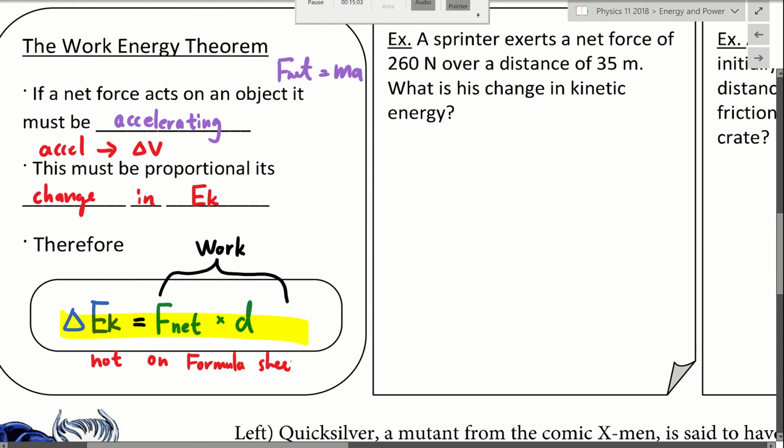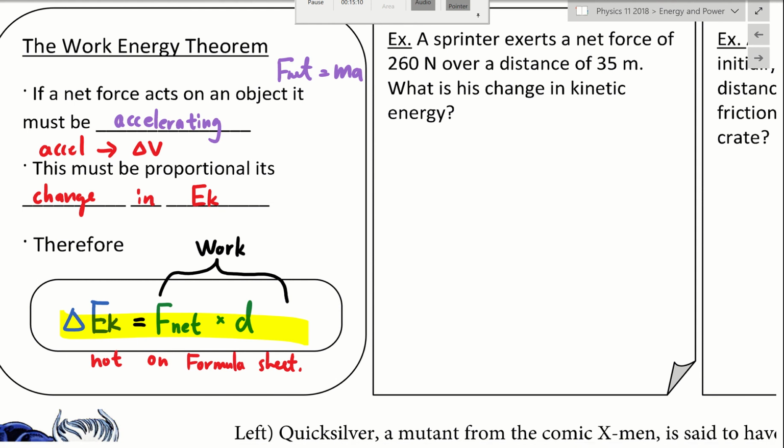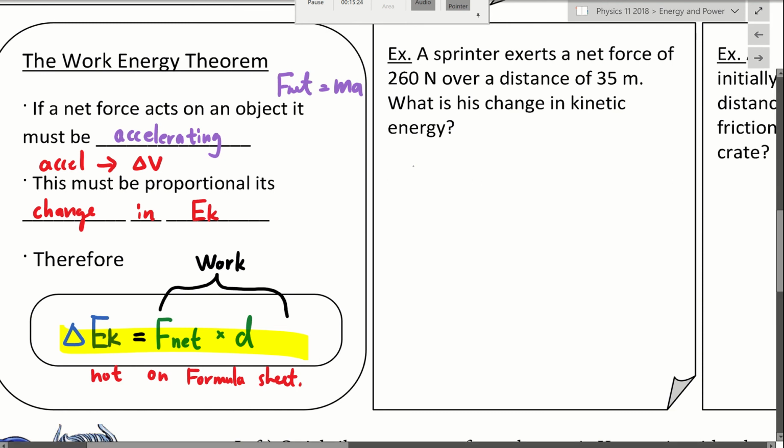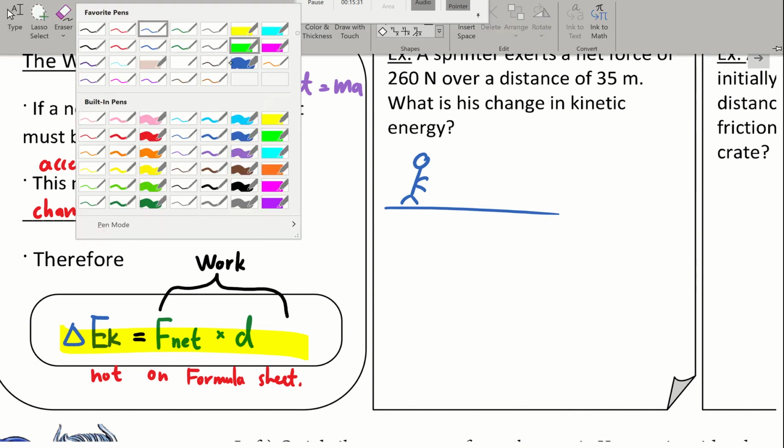So when will you do this? This is used if you are trying to find kinetic energy, but the question never gave you any speed, so you don't know how fast the object is moving at the end. Of course, you can find it, but that's one extra thing you have to do. So for example, let's say someone is trying to run by exerting a force forward.